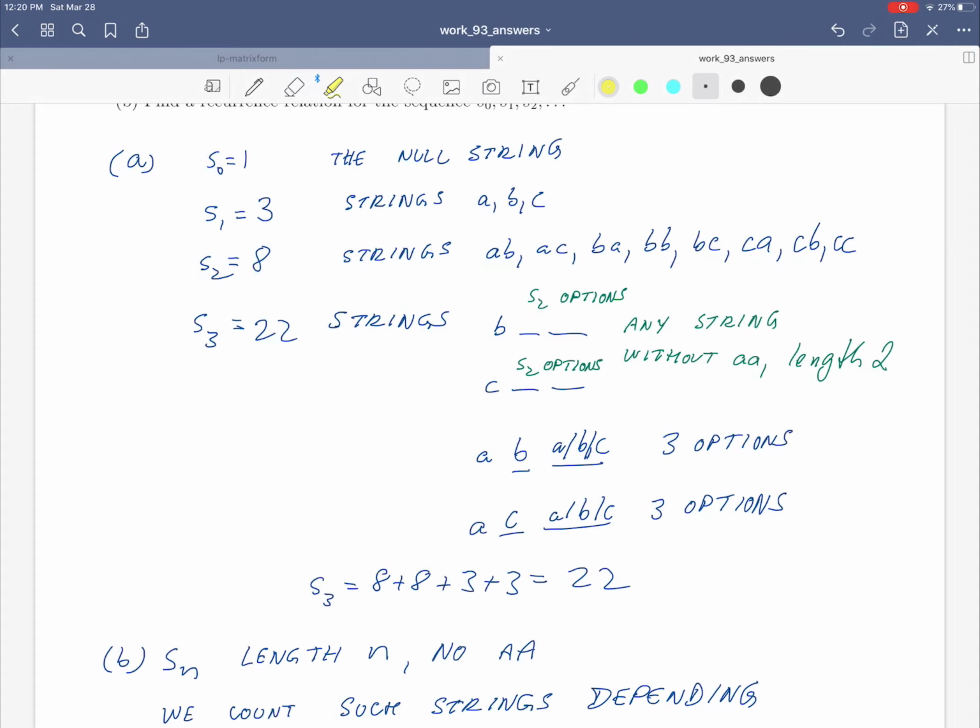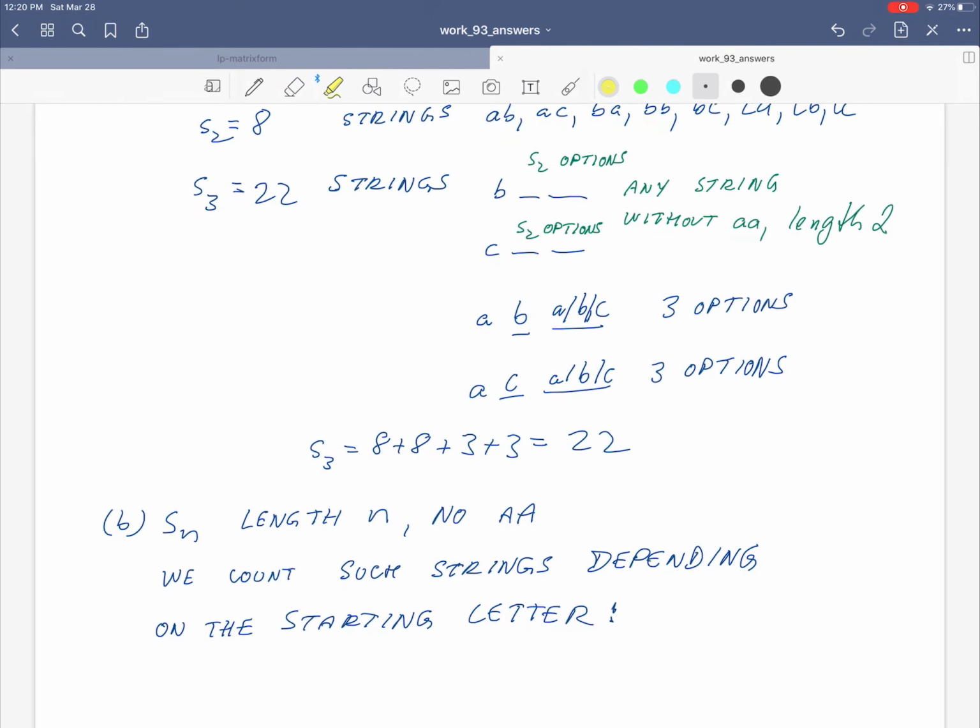So now with this, let us look at the general case. S sub n will be the number of strings of length n with no AA, and we will count such strings based on the starting letter.